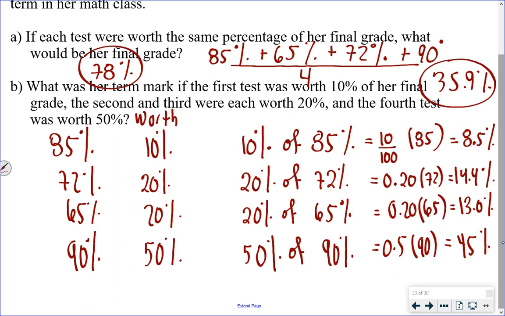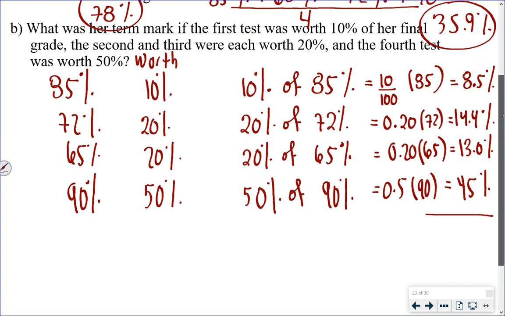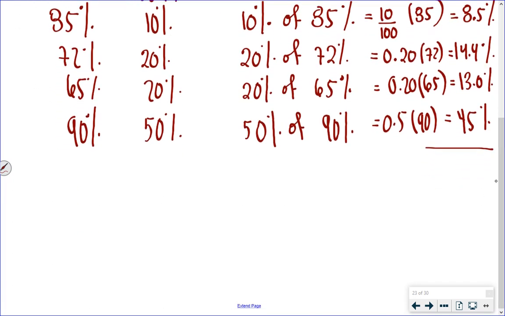And all we do now to find out what the class mark will be is we add these numbers together. I'm getting 80.9. You as well? Good.